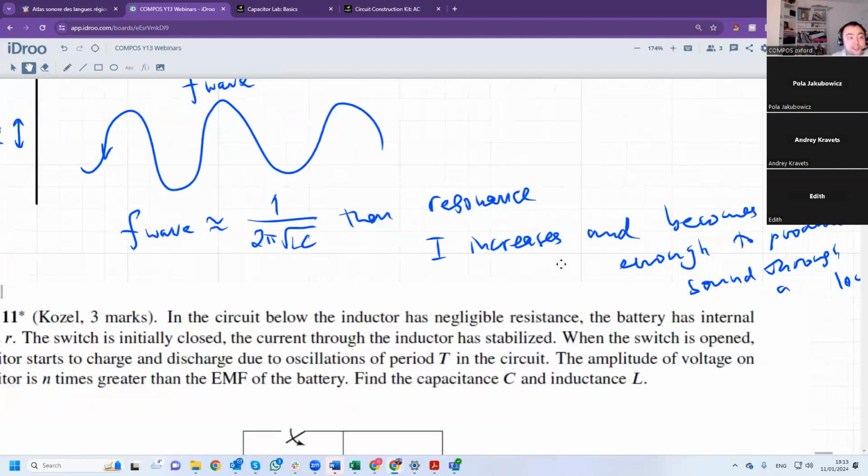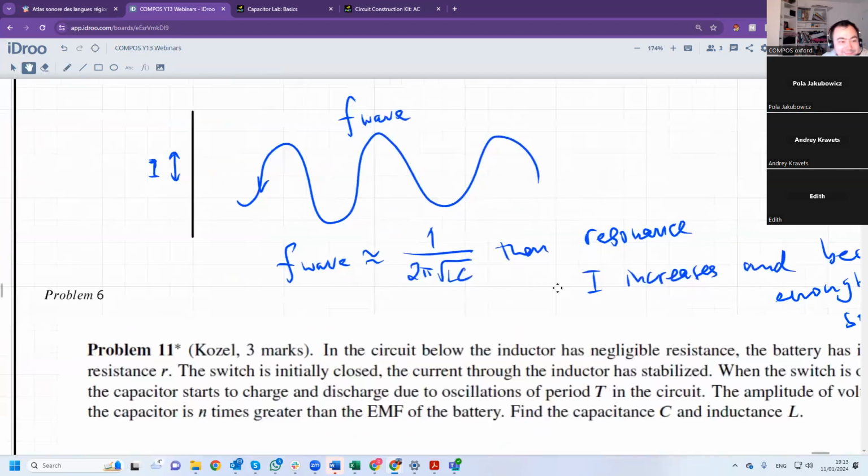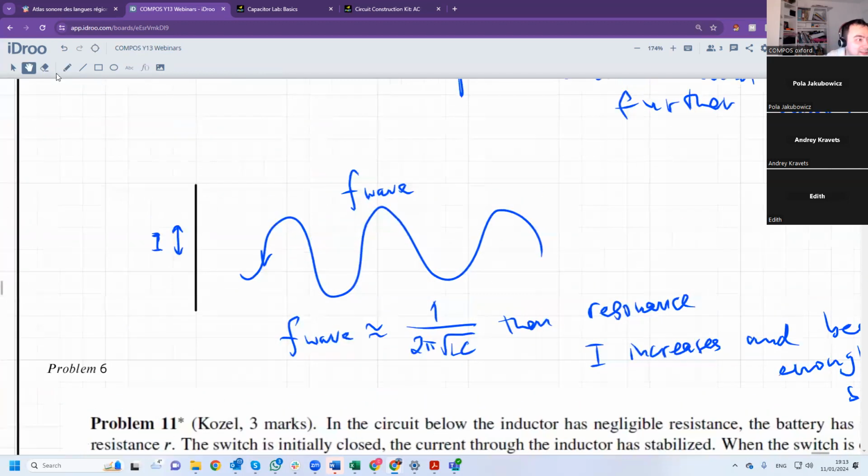And that's how you listen to radio. You can have an earth, for example, here, and you can have a loudspeaker. It's a very simplistic view. This is a loudspeaker, and you connect it like this, and that's how you can actually listen to a radio.